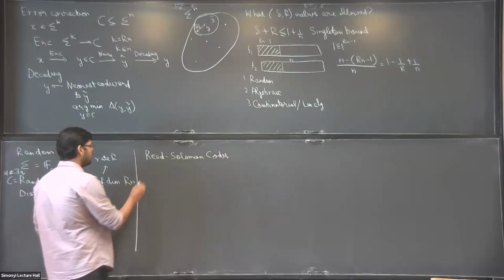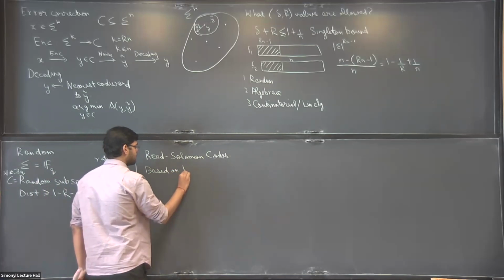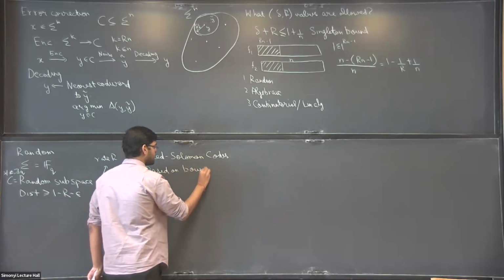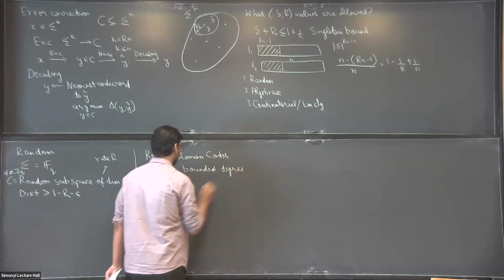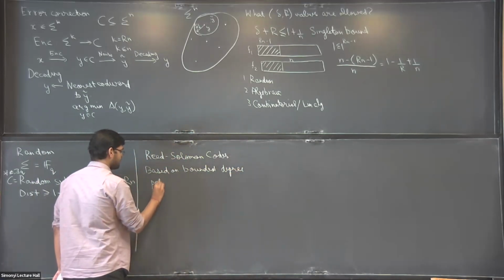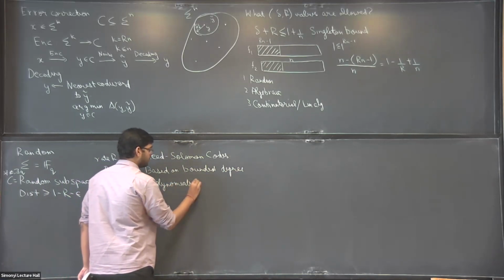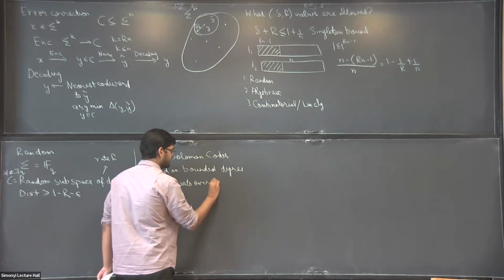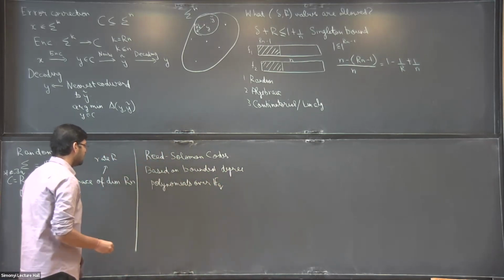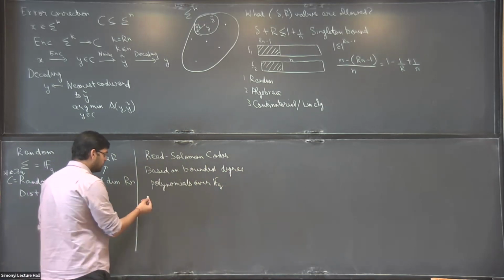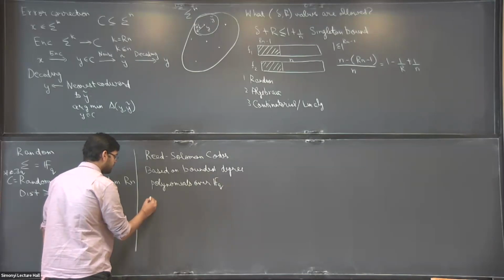Reed-Solomon codes are based on bounded degree polynomials over finite fields. Every code word is associated to a degree Rn polynomial.